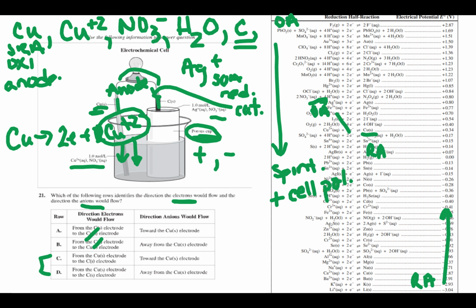Now, to neutralize that charge, the negative anions from your salt bridge will come on over and flow towards it just to keep our whole solution neutral. And then the opposite would happen on the other side. So when it's talking about anion flow, your anions are flowing towards the anode, which is copper. So your answer here would be C.